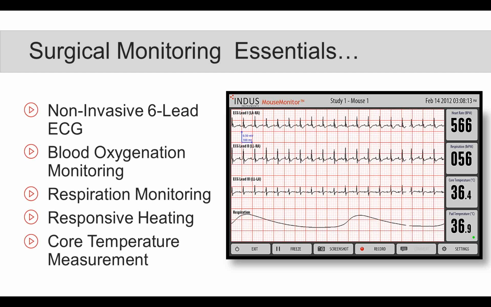On the right area, you'll see a couple numeric panels, and you're able to calculate heart rate off of any of the ECG leads. You're also able to calculate and display respiration rate, core temperature, pad temperature, and also R-to-R intervals and other, more esoteric values.